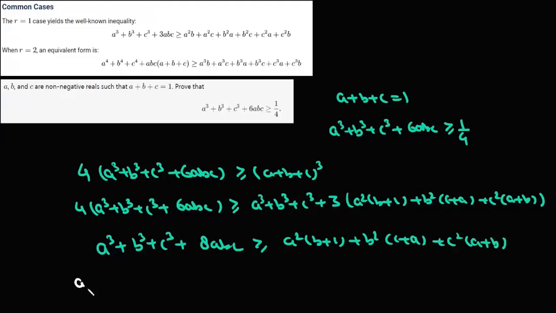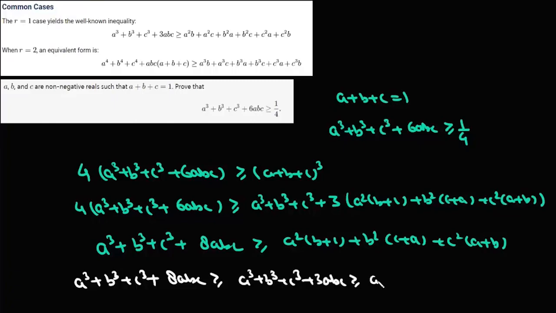Now we know that since a, b, c are non-negative real numbers, a cube plus b cube plus c cube plus 8abc will always be greater than or equal to a cube plus b cube plus c cube plus 3abc, which is greater than or equal to a square (b plus c) plus b square (c plus a) plus c square (a plus b), which is a standard result from Schur's theorem. So that means this inequality is true.